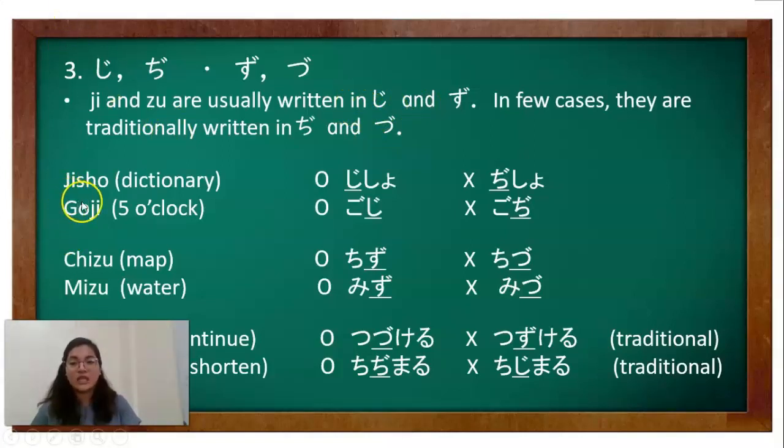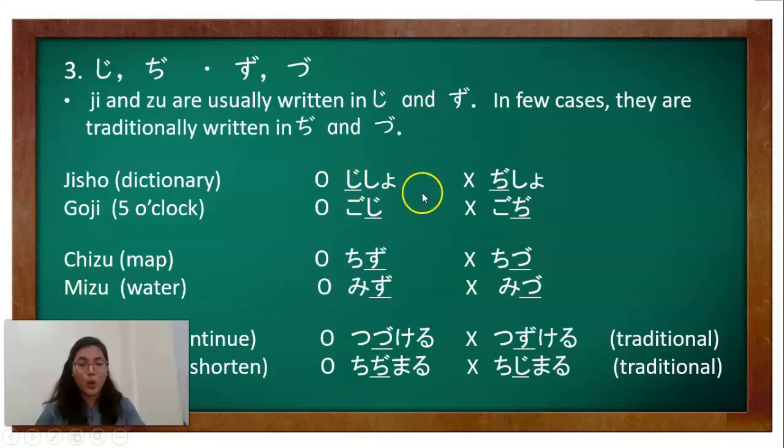For example, jisho. Jisho means dictionary. So this is how you write it in hiragana.